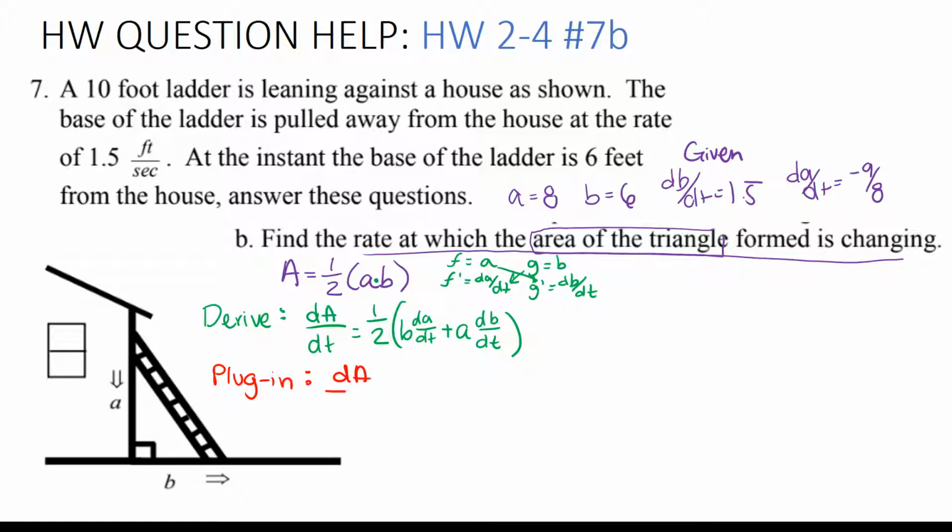Now, dA/dt is what we're looking for, and it's already solved for dA/dt, so that's nice. Our 1/2 is chilling on the outside here. Now, our B is 6. dA/dt we found in the last problem is -9/8. 8 is A, and our dB/dt is 1.5.